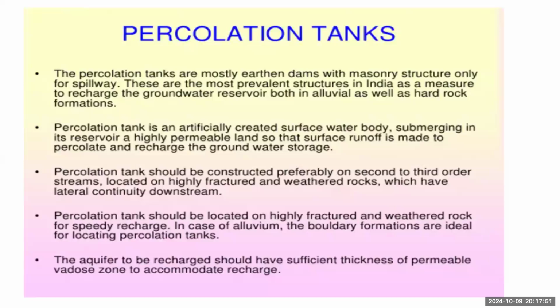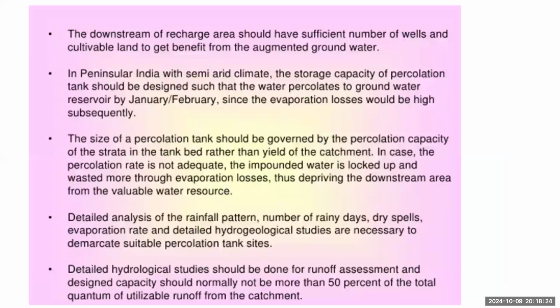Now, what happens when this percolation is allowed? The water reaches the groundwater on the downstream side. On the upstream side there is a reservoir and that water is allowed to percolate. To the downstream side, the groundwater level in the earth's crust increases, and this raised groundwater table is then tapped with the help of either tube wells or open wells.